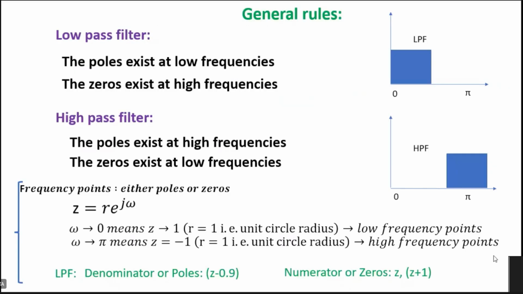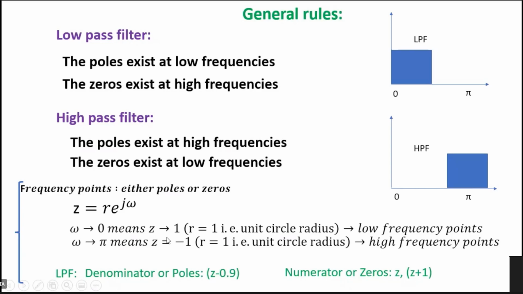When omega is equal to 0, Z is equal to 1, and when omega is equal to pi, Z is equal to minus 1. So these are the two frequency points, or the values of Z, which will be used to locate poles or zeros according to the low pass or high pass filter.